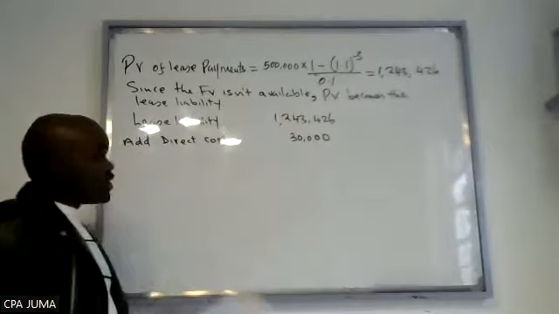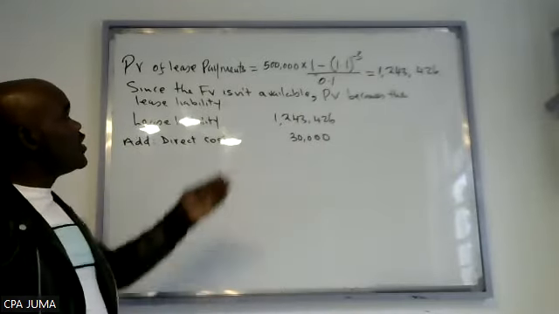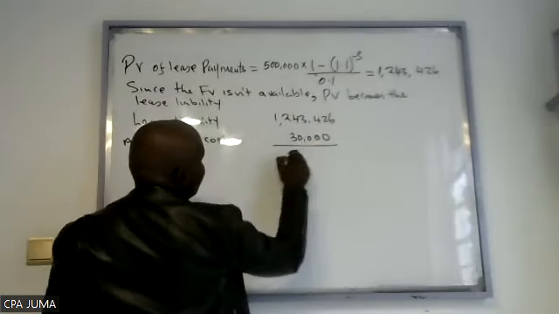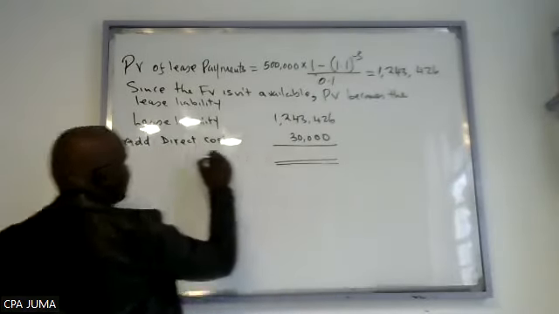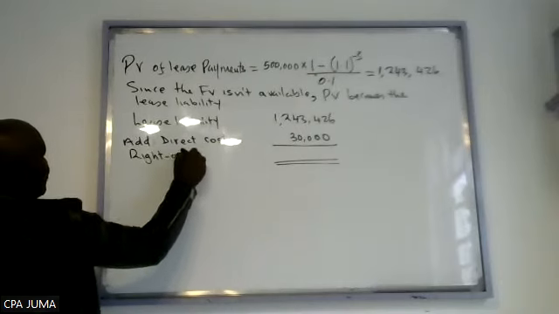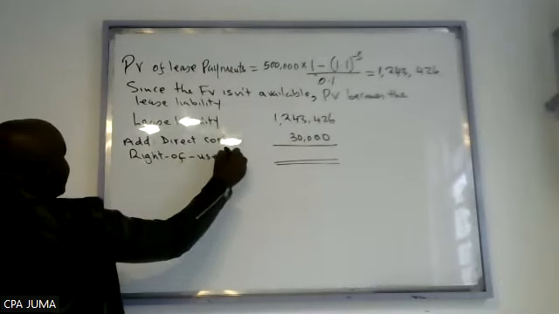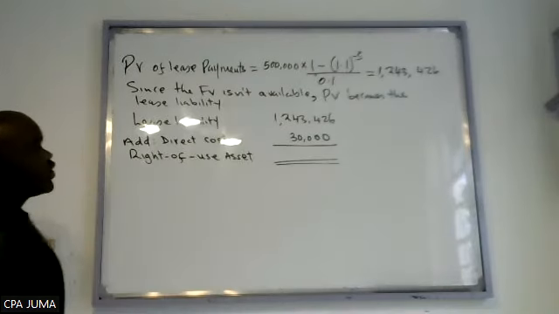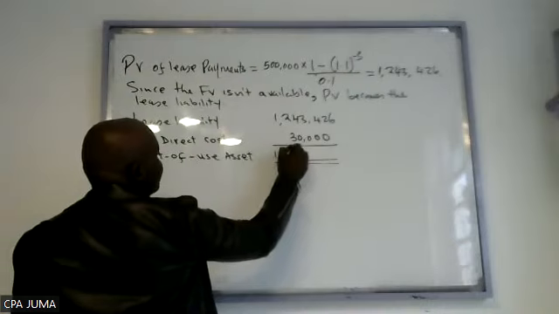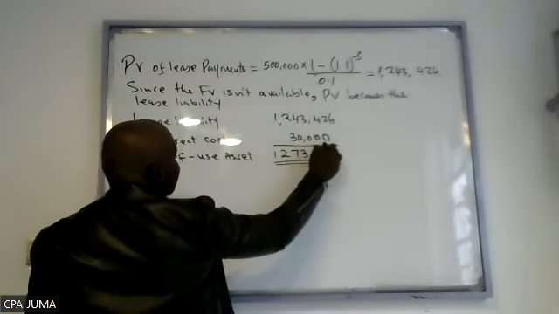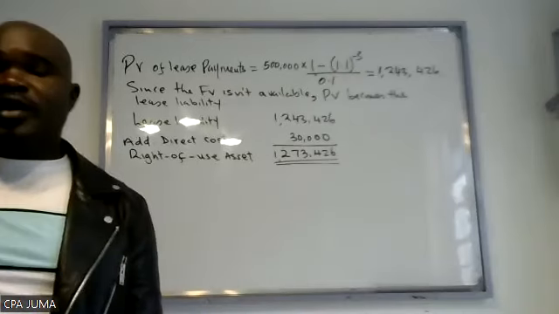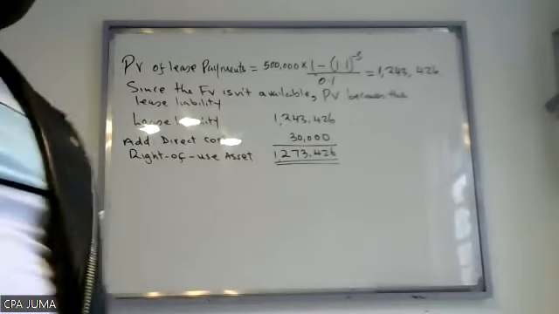That is not part of the 1,243, which is the discounted amount they will be paying. Therefore the right of use asset, which we are going to recognize in the books, will be 1,273,426. So you add the direct costs to that liability.